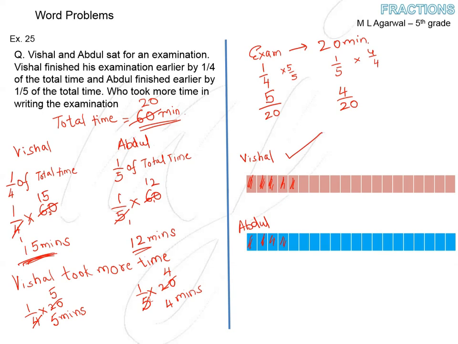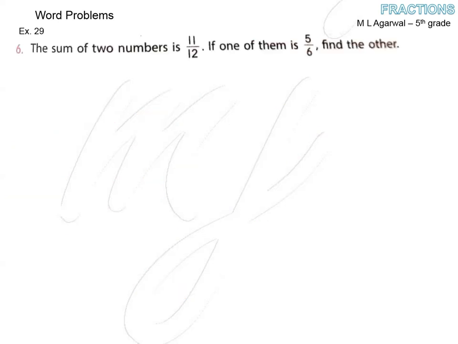Understood how to solve this? Let us take another example. Now we have been given the sum of two numbers is 11 upon 12. If one of them is 5 upon 6, find the other. So the first number plus the second number is given as 11 upon 12.